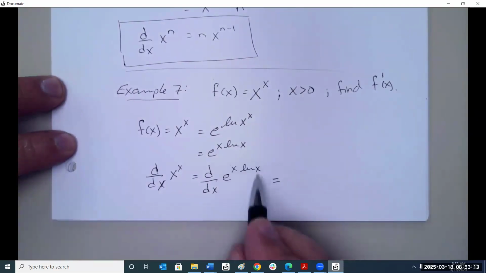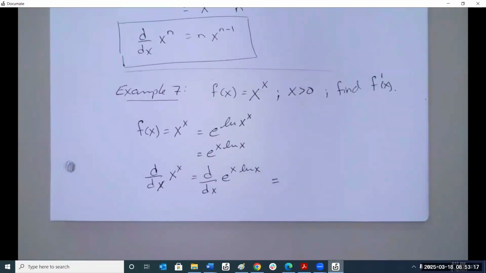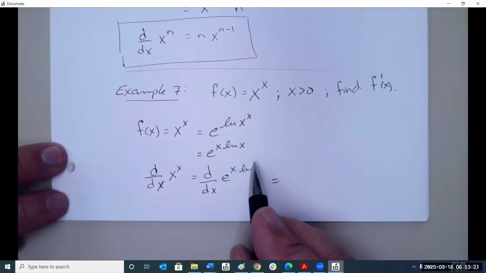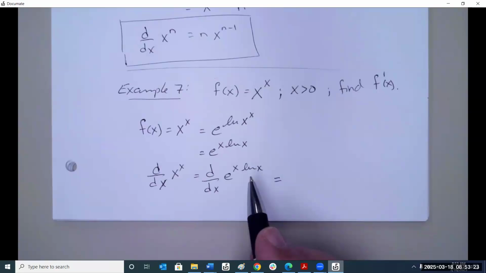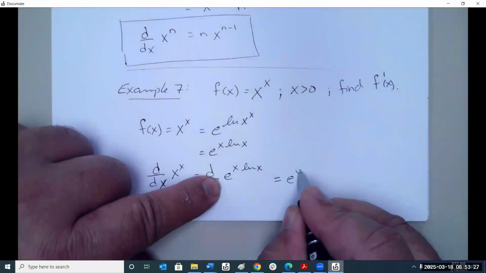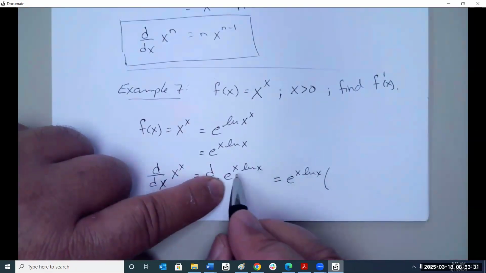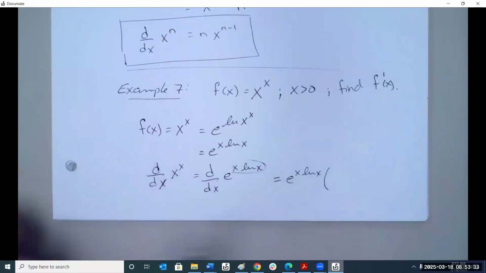So the derivative of this side is equal to what? The derivative of e to the u is e to the u times du. So leave it alone times the derivative of this product right there.